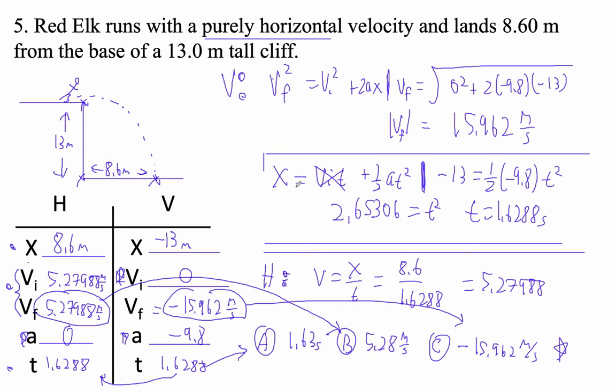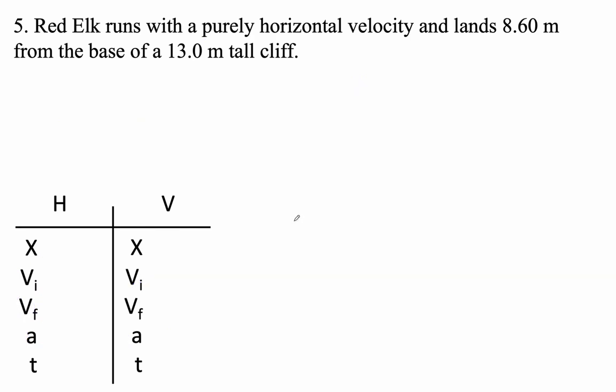Now the final thing is it says to draw a picture of that vector. I'm going to erase this in 3, 2, 1. It's gone. Remember that we've got this velocity vector, and our sideways velocity was 5.27988 meters per second or something like that. Draw that to the right, and then from the tip of that, draw your y component.